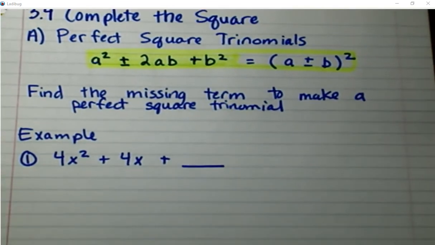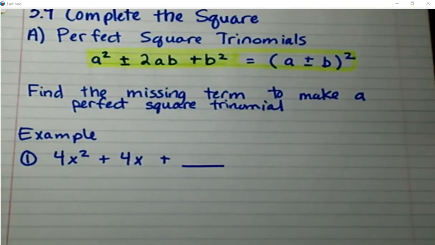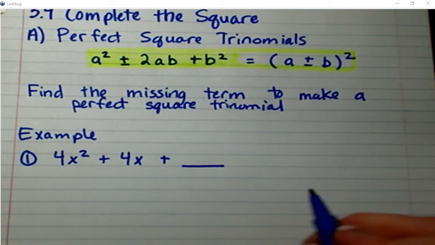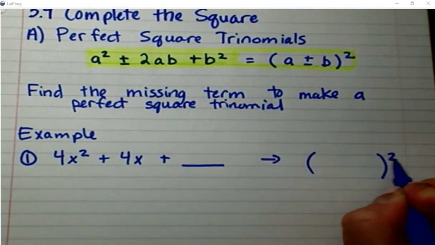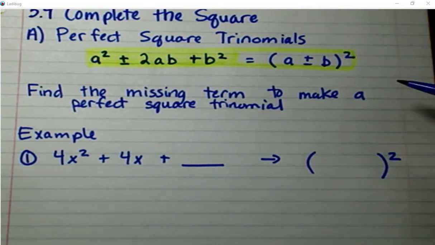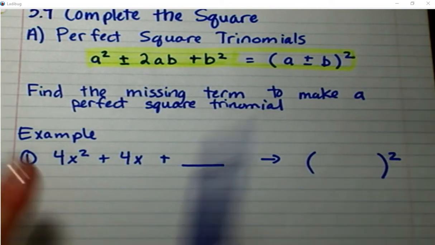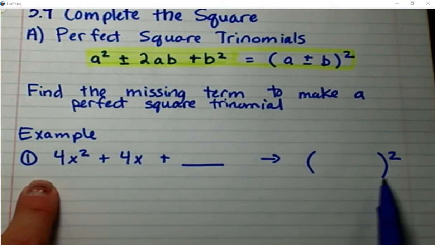I left off the third term. Now I know that this is supposed to be a perfect square trinomial, so my goal is to write it like this. That's what it says: find the missing term to make this trinomial a perfect square.